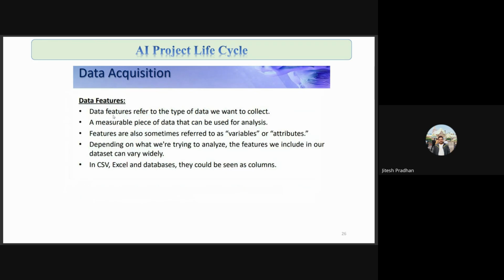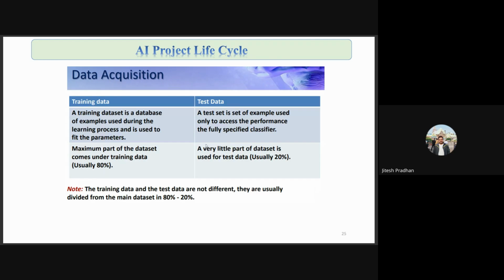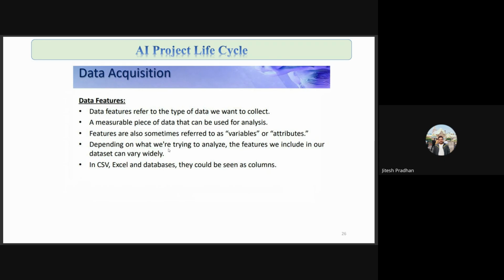Now, if the data is unstructured, let's see what the data features are. I have already explained in the first lecture that our deep learning models don't need features, but if we are training a machine learning model, then we need data features. Why? Because a machine learning model is not capable of extracting features from unstructured data.